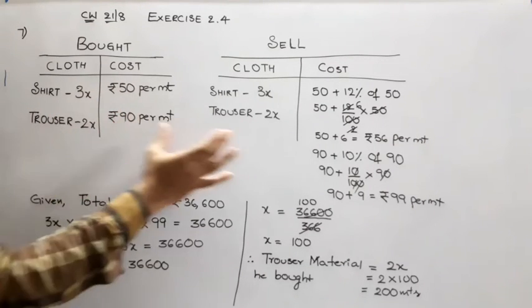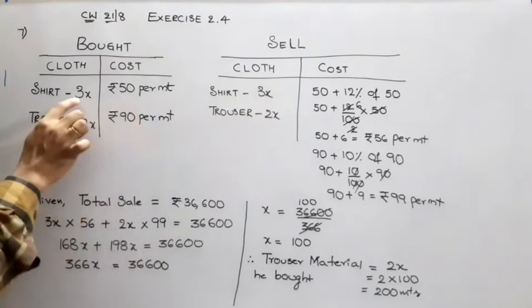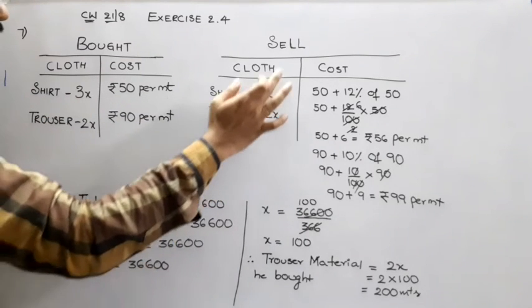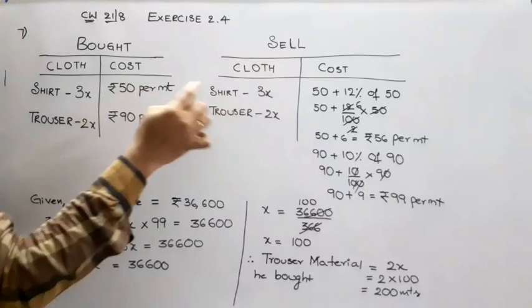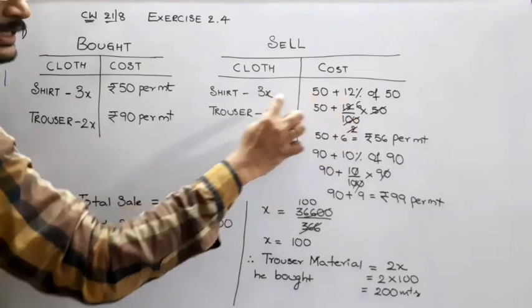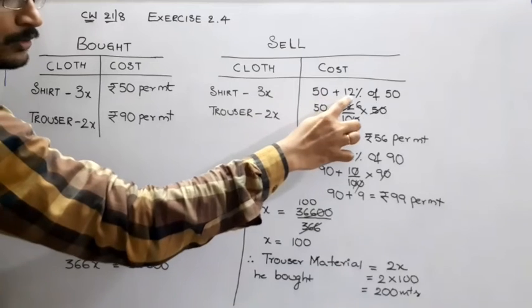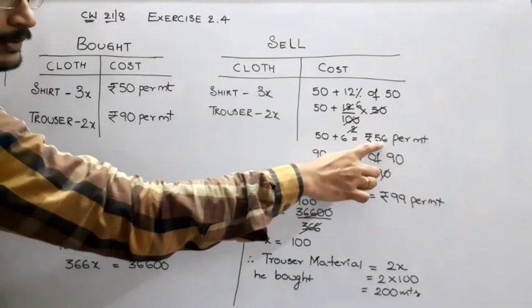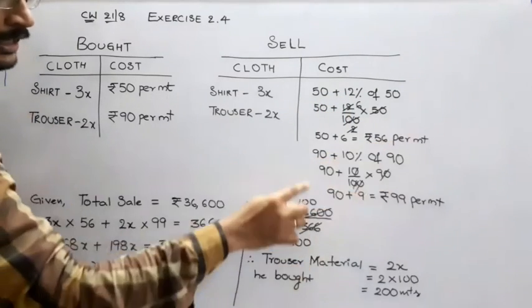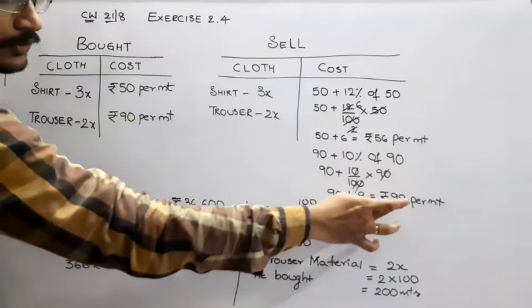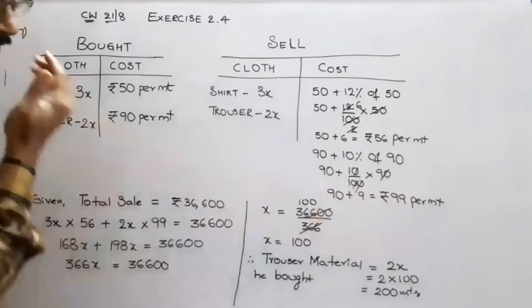The same material, look, 3x and 2x, he wants to sell at a different cost by keeping some profit. In shirt, he wants to get 12% profit, so it became 56 per meter. In trouser, he wants 10% profit, so it became 99 per meter.